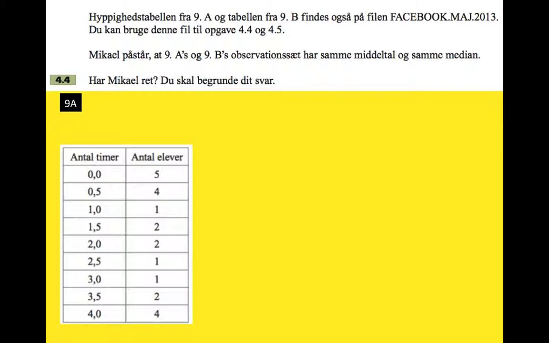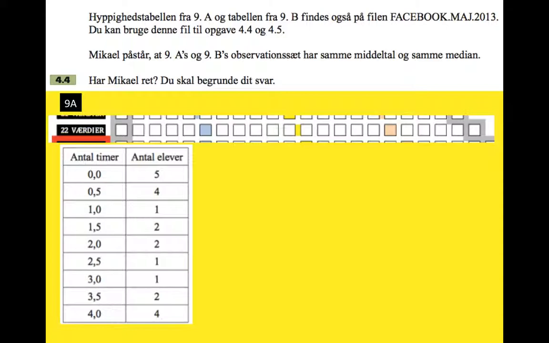In 9A, so this is my rough paper, which is why it's yellow. Well, there's 22 kids in 9A, so if we put in the values, 5 at 0 hours, 4 at half an hour, and so on, then this highlights the median. Well, the middle is between 2 pupils who spend 1.5 hours on Facebook, so the median is 1.5.